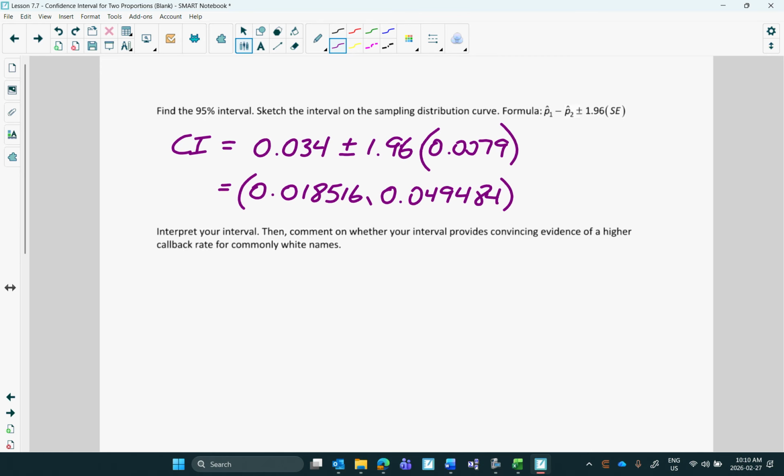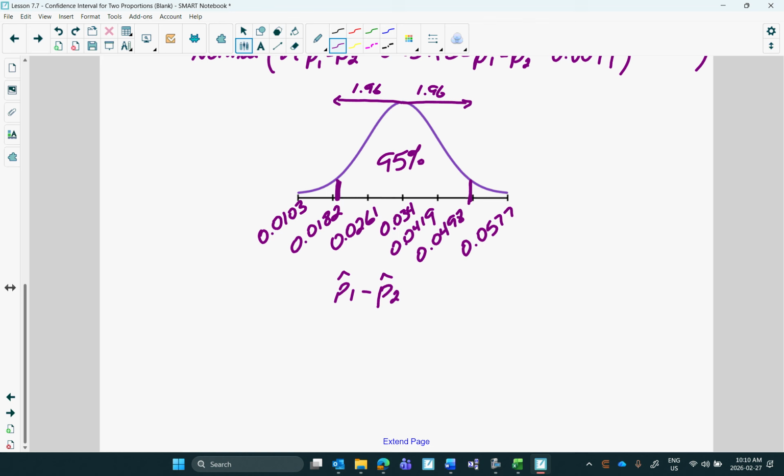So these two would be the values here. I won't write all the numbers. I'll just round it to 4 decimal places: 0.0185 to 0.0495.